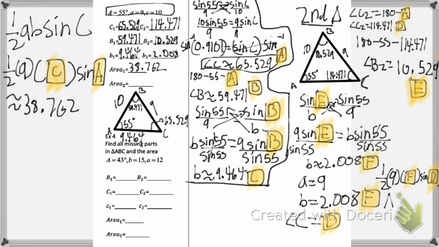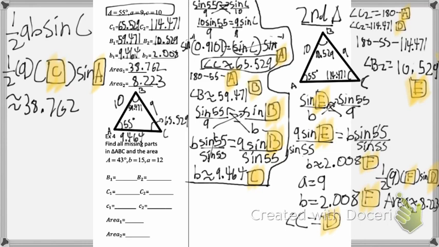Okay, sorry. Approximately area 2 equals 8.223. So area 2 equals 8.223. So this is how you do law of sines, and this is how you find a second triangle.